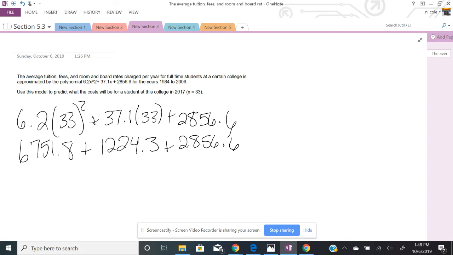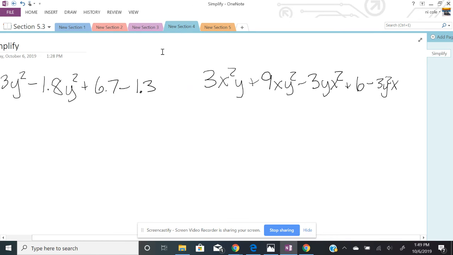You sum those up, and you come up with 10,832.70. So that's how much it would cost to go to college approximately based on this equation. You're going to have several of those, and they're going to say, evaluate this equation when x equals this. So you're just plugging it in and following our order of operations.